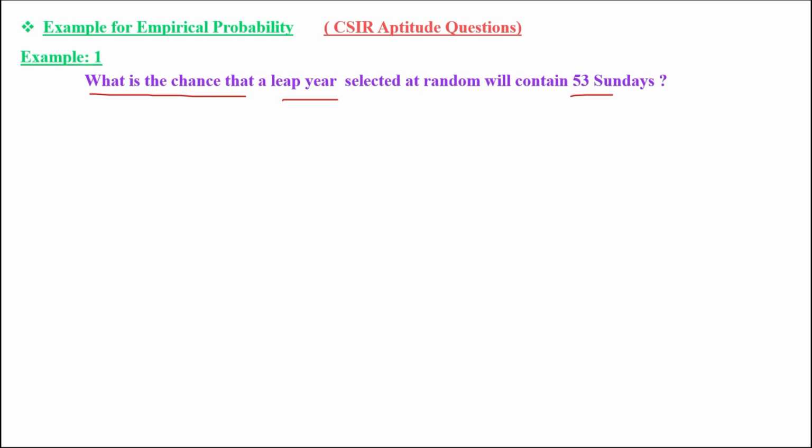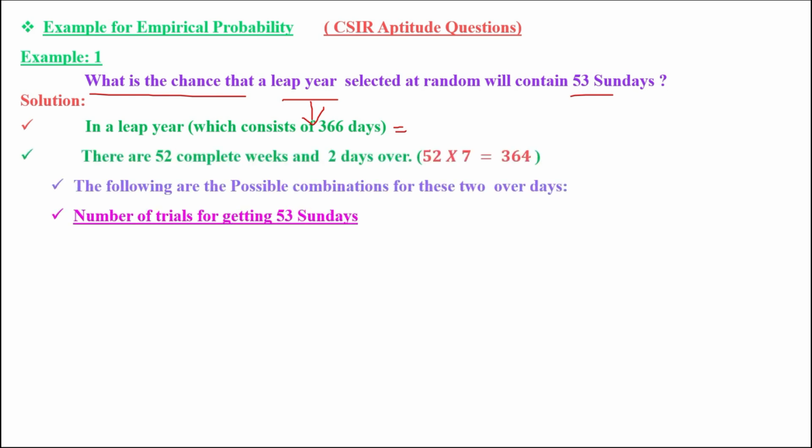Given a leap year, how many days exist? 366 days. Then 366 days means how many complete weeks? 52 complete weeks. 52 into 7 is 364 days. There exist 52 confirmed Sundays.